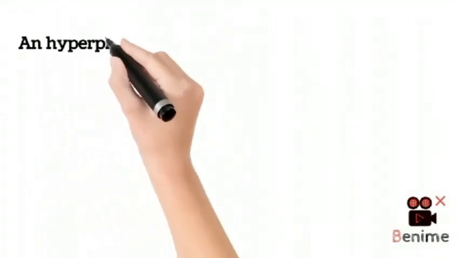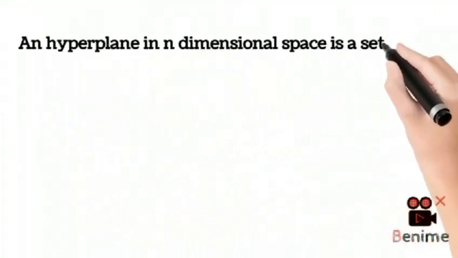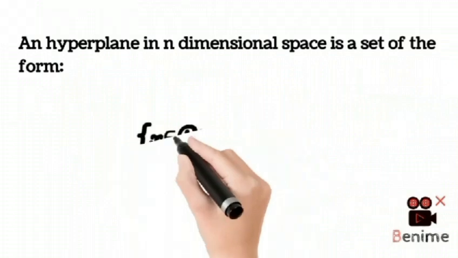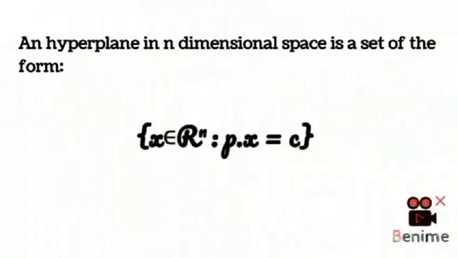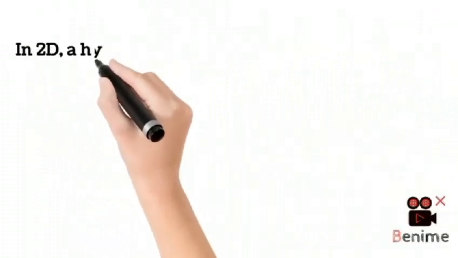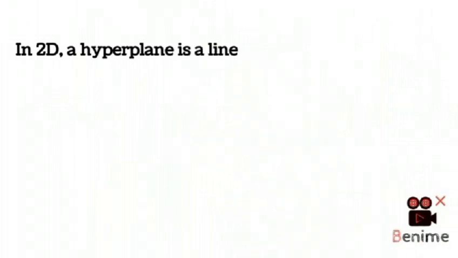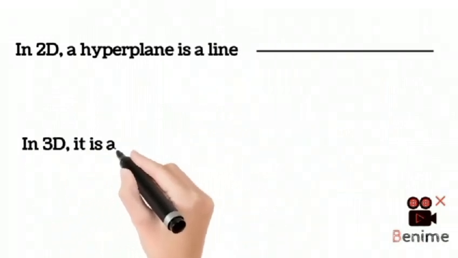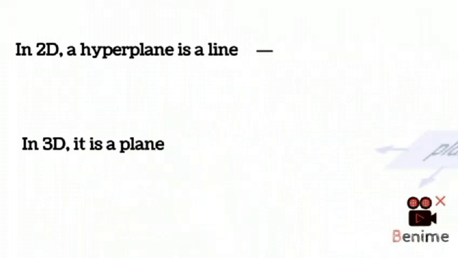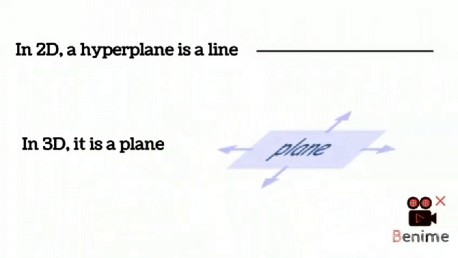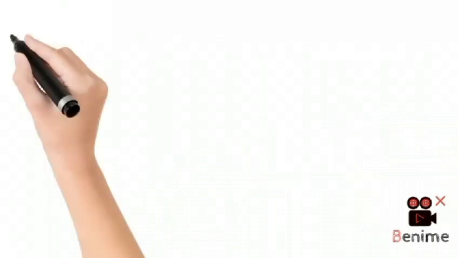Precisely, a hyperplane in n-dimensional space is a set of the form {x belongs to R^n such that p·x = c}. In a two-dimensional space, a hyperplane is a line, and in a three-dimensional space, it is a plane. That is, a hyperplane is a subspace that has one dimension less than the ambient space and can be used to divide the space into two halves.